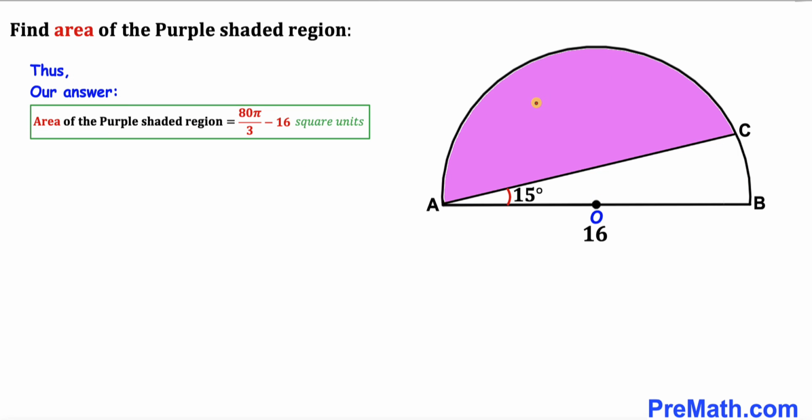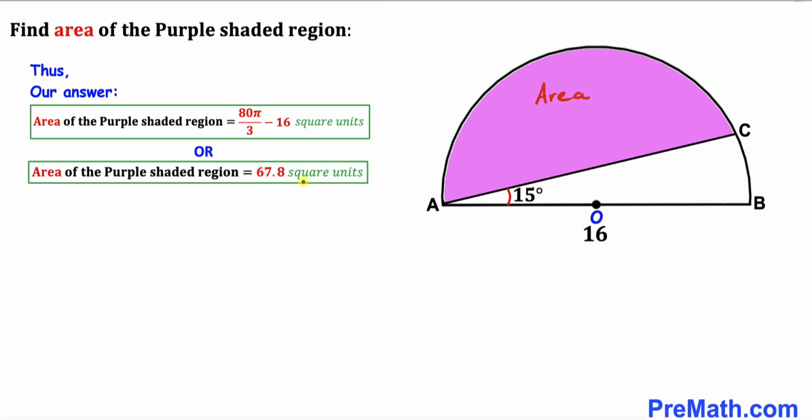Thus our purple shaded region area turns out to be 80 pi divided by 3 minus 16 square units, as you can see over here, and that is approximately equal to 67.8 square units. And that's our final answer.